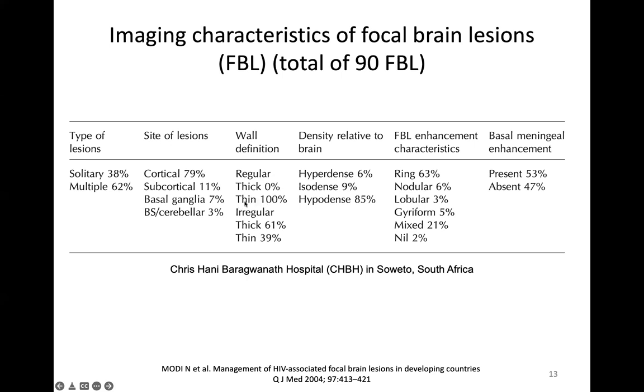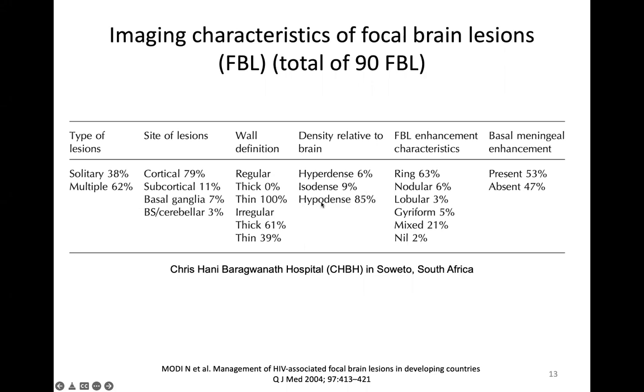If you know about your neurocysticercosis, it tends to have thin walls rather than thick walls, but thick walls are equally quite common. For irregular lesions, that is where you should be thinking of some of the bad infections or even malignancies.